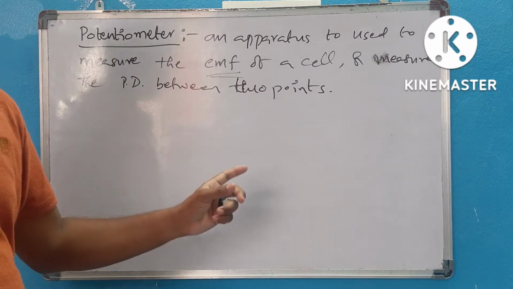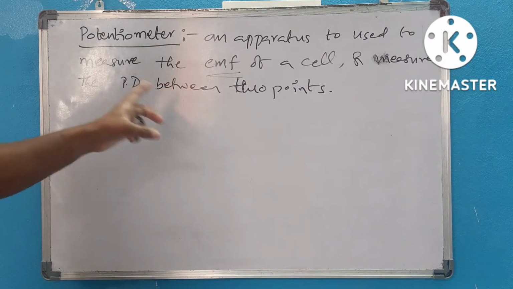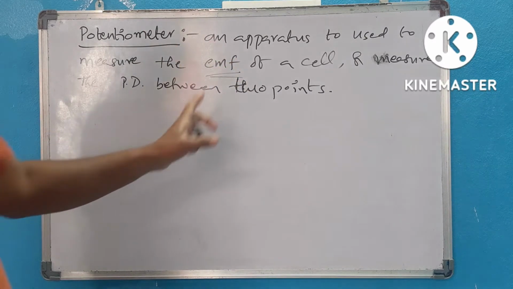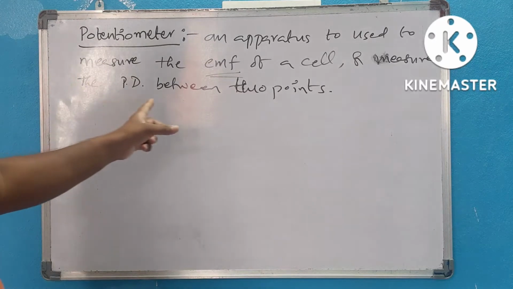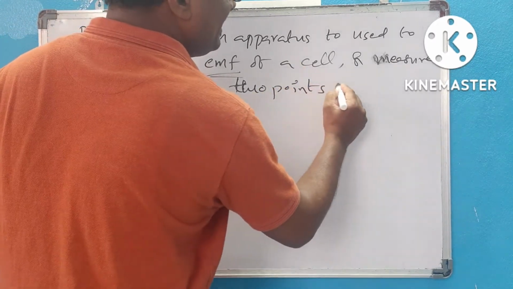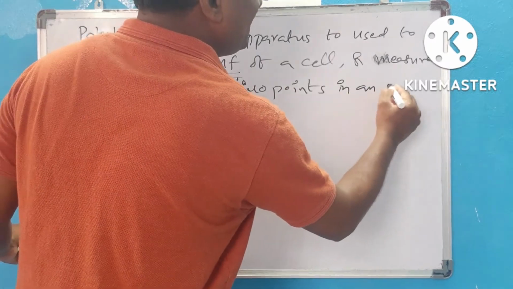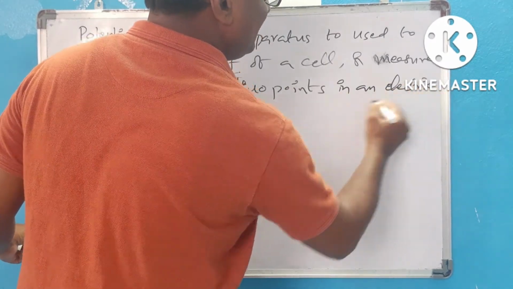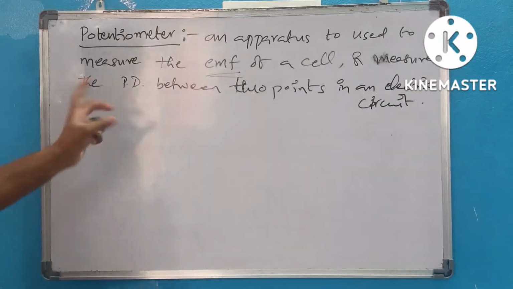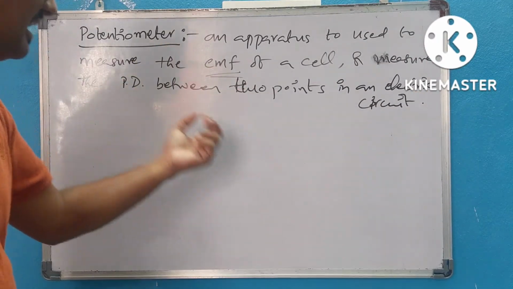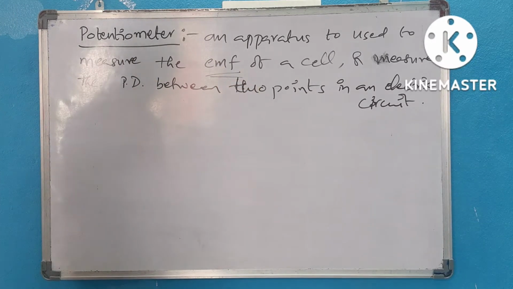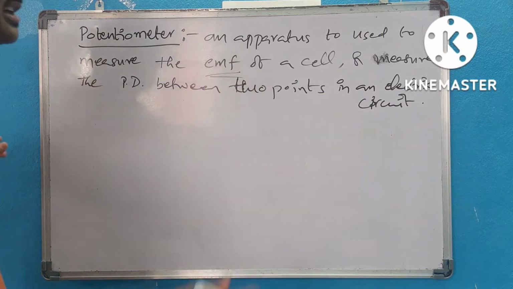So the potentiometer is an apparatus used to measure the electromotive force EMF of a cell, and it is also used to measure the potential difference between 2 points in an electric circuit.